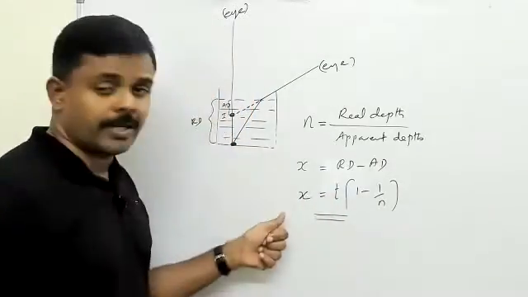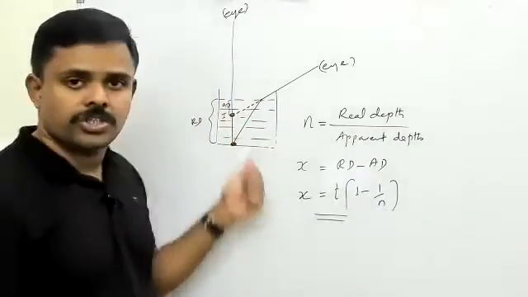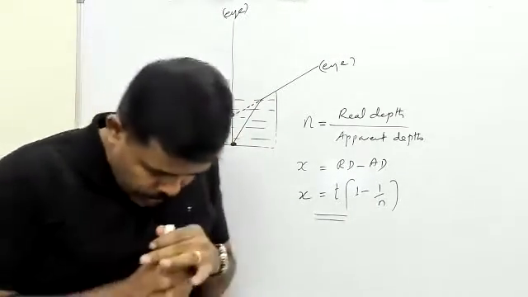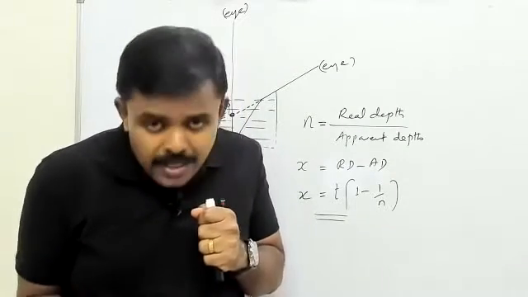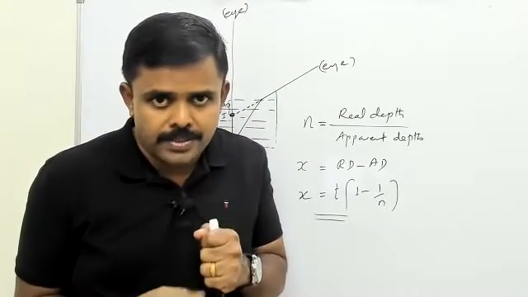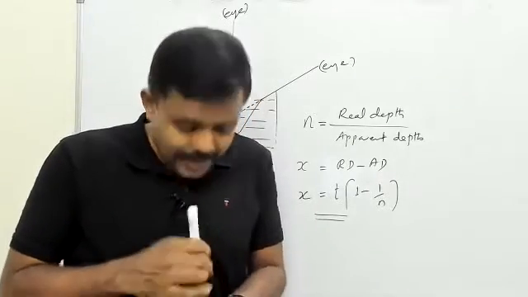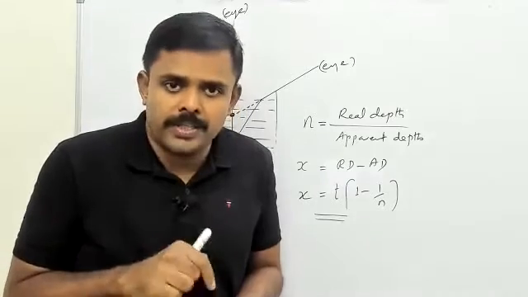You may have a question based on this. We have done this question in class. Thickness, shift in the position. How much of shift is there? The previous question is, you focus a microscope on an ink mark and then you place a glass slab on top of it. See, you put an ink mark on a paper, and then you view the ink mark through a microscope. You focus the microscope on the ink mark.